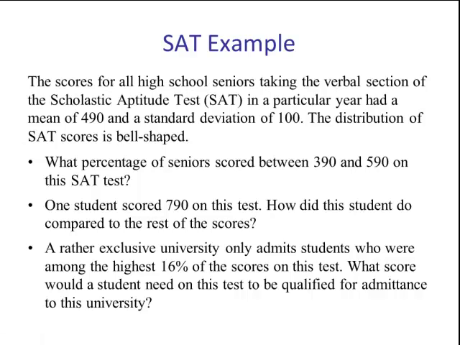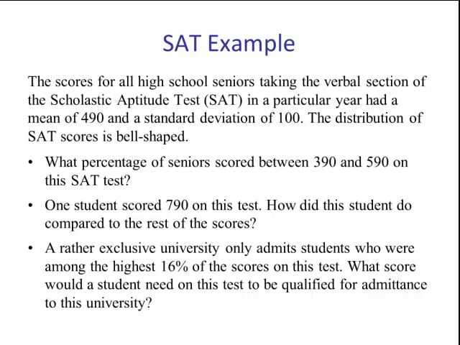The scores for all high school students taking the verbal section of the SAT in a particular year had a mean of 490 and a standard deviation of 100. The distribution of the SAT scores is bell-shaped. What percentage of seniors scored between 390 and 590 on this SAT test?